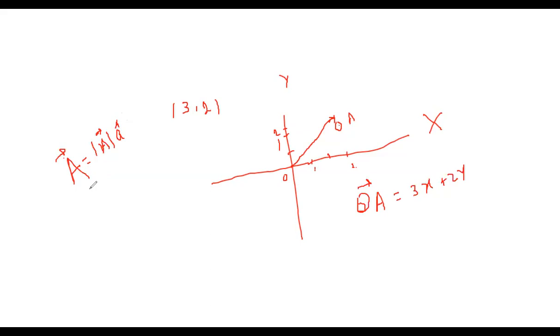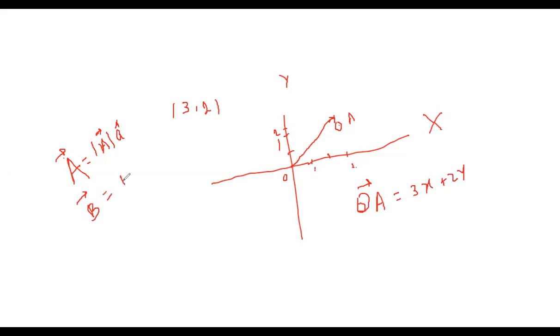A vector consists of magnitude. This is the vector, this is magnitude, and this is direction. So when you have to write a vector in symbol, you can write like that. Student, you can use any symbol over here, vector v. When you say vector v, a vector consists of magnitude and unit.